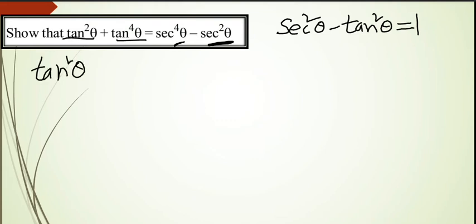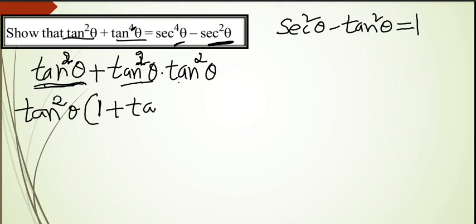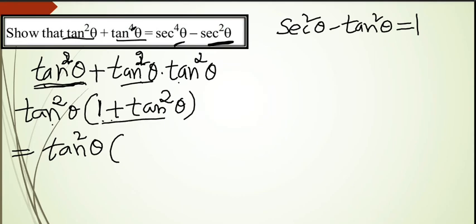Tan power 4 theta I am writing as tan square theta into tan square theta, so the power becomes 2 plus 2, 4. Take tan square theta common. Here tan square theta means 1 remains, and here tan square theta. So tan square theta into (1 plus tan square theta).